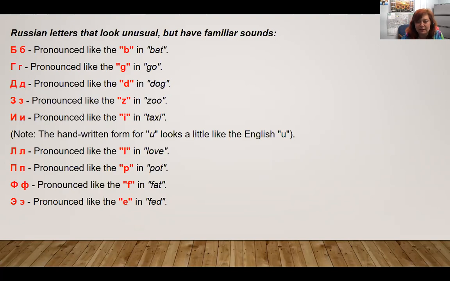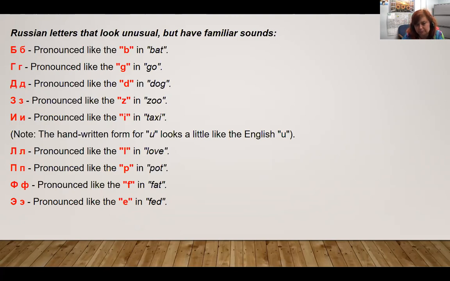Ye, and you can say it long or short. It doesn't make any difference to the meaning of any word. You can make it long, you can make it short. It's still the same letter in Russian. It's pronounced like E in taxi.